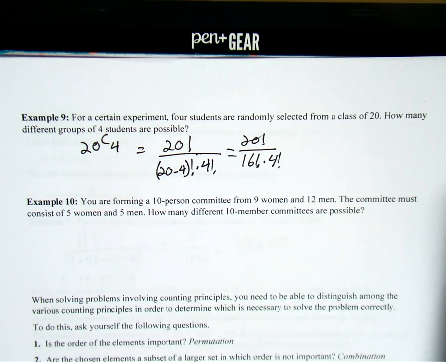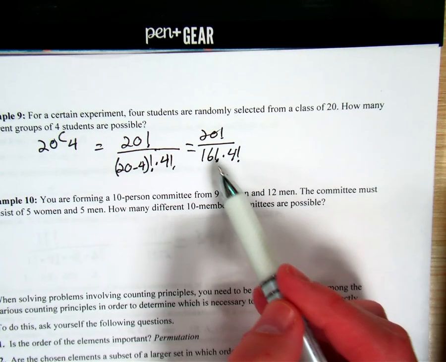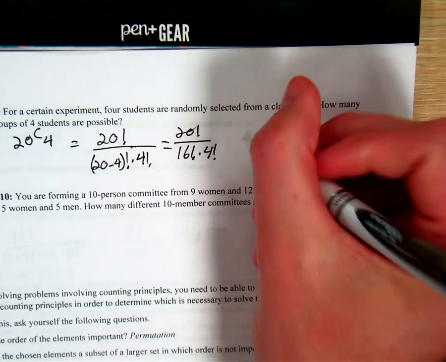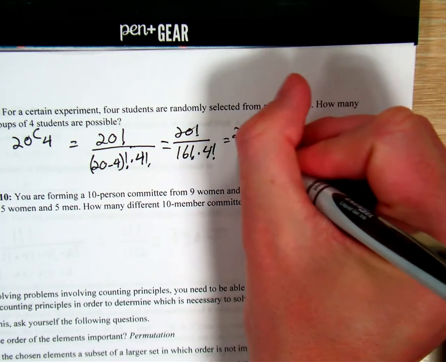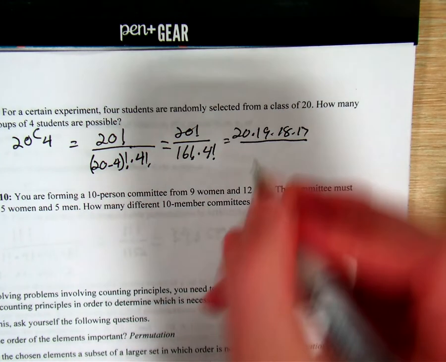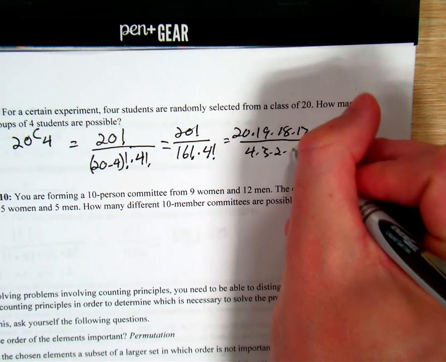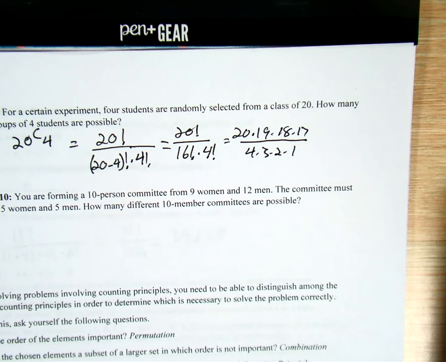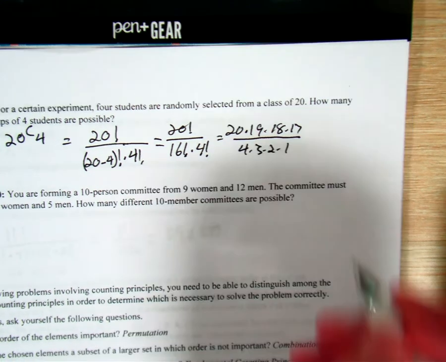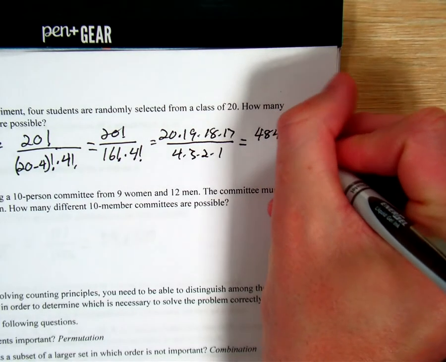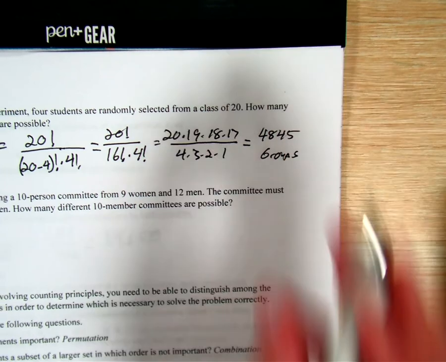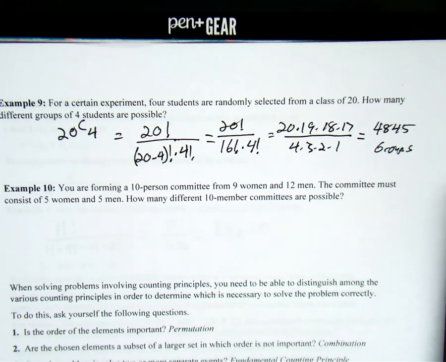And if you remember our shortcut from yesterday, you're going to have the first 4 terms: 20, 19, 18, 17, because then the 16 part cancels, and then we have 4 times 3 times 2 times 1 on the bottom. And we'll have 4,845 different groups.